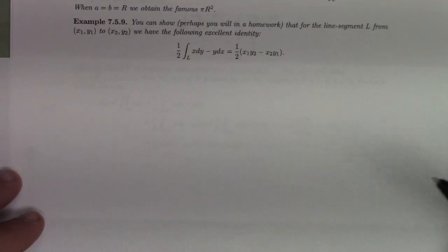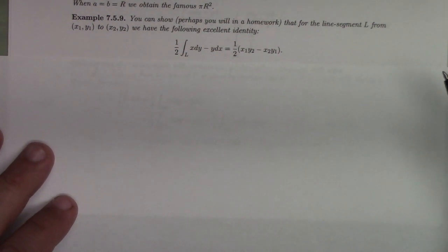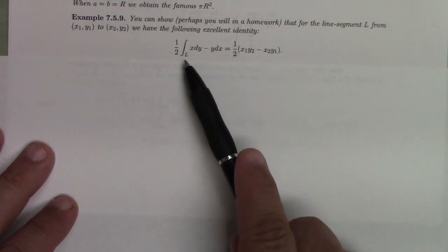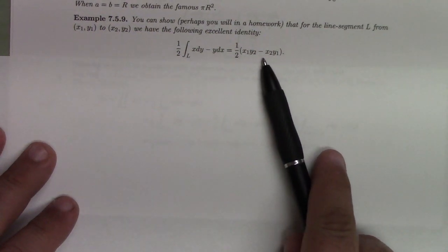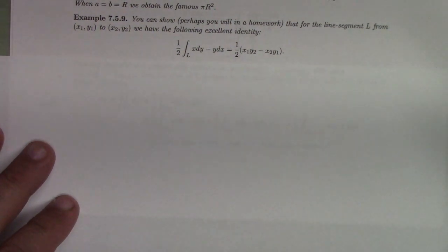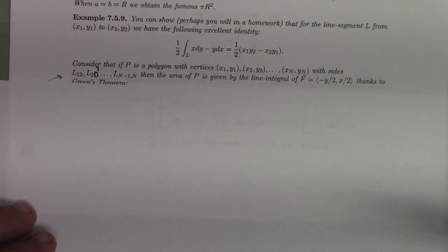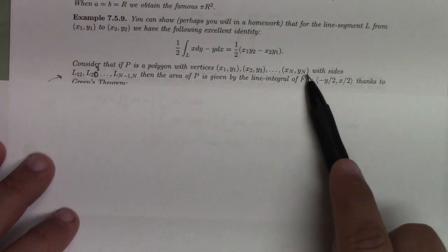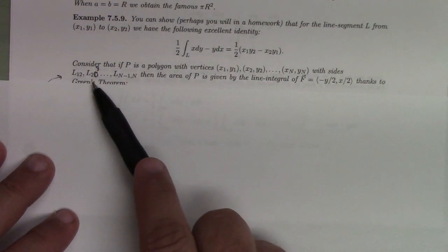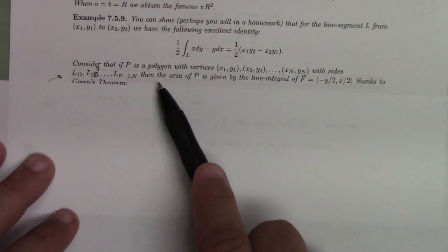There are also trick formulas you can do. If you integrate along a line segment from x1, y1 to x2, y2, you can get this formula, which means that you can calculate the area of a polygon with vertices like so by integrating along the corresponding line segments that connect the polygon.